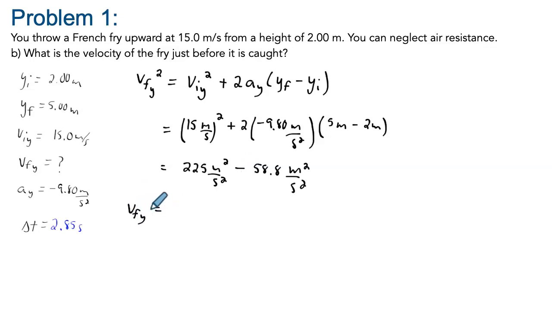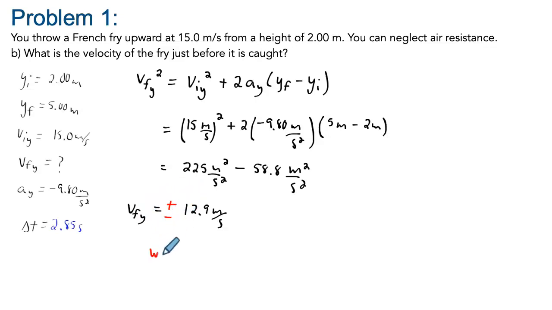And after we get this, we can do the square root, so that we will get that Vf final is equal to the square root of that thing, and this will give you 12.9 meters per second. Now, this is where we have to be careful. Whenever you take a square root, there's always 2 roots that are possible. So in here, it could be either plus 12.9 or minus 12.9. We have to choose the proper sign.